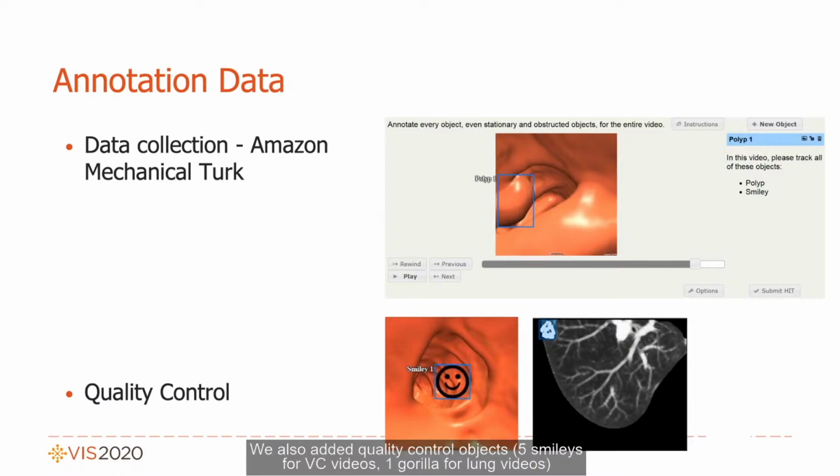We also added the quality control objects, 5 smileys for VC videos and 1 gorilla for lung videos, in each video to help detect spammers. When the workers find the target or a quality control object, they first label it as a target or quality control object and then annotate the object by drawing a rectangle around it. We logged all the interaction events and stored all the annotation information.